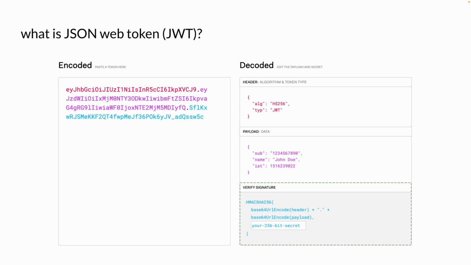And lastly, we have the signature that makes this JWT more secure. We're passing in 3 arguments into our HMAC SHA-256 algorithm, and HMAC stands for hash-based message authentication code. And SHA-256 is the hash function used in this algorithm. We won't go into details on how this algorithm works, but all we have to know is that this is a symmetric keyed hashing algorithm, meaning that the same secret key is used to encrypt and also to decrypt our data.